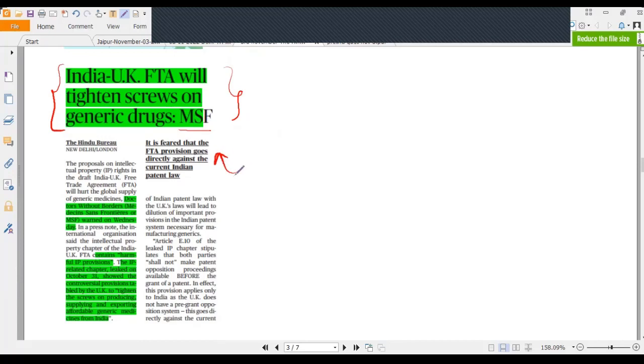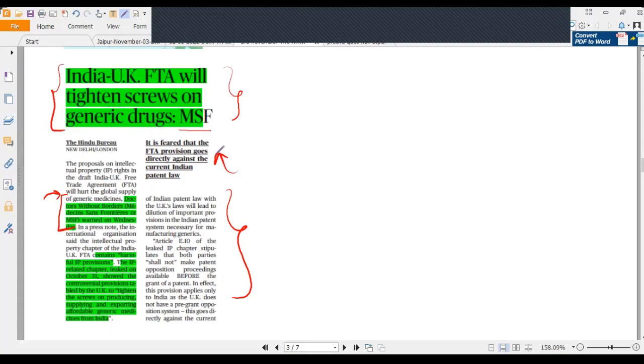And that is why Doctors Without Borders, an NGO, has warned against such provisions, and it says that this would be harmful from the health point of view for India as well as for other nations, because India is a large exporter of generic drugs.